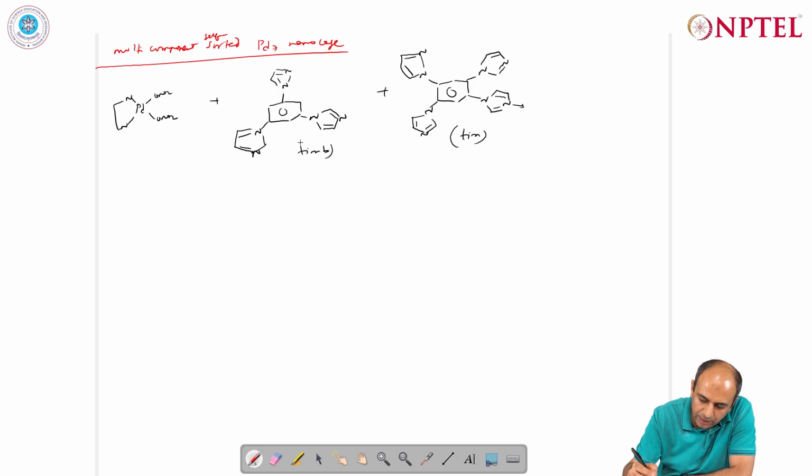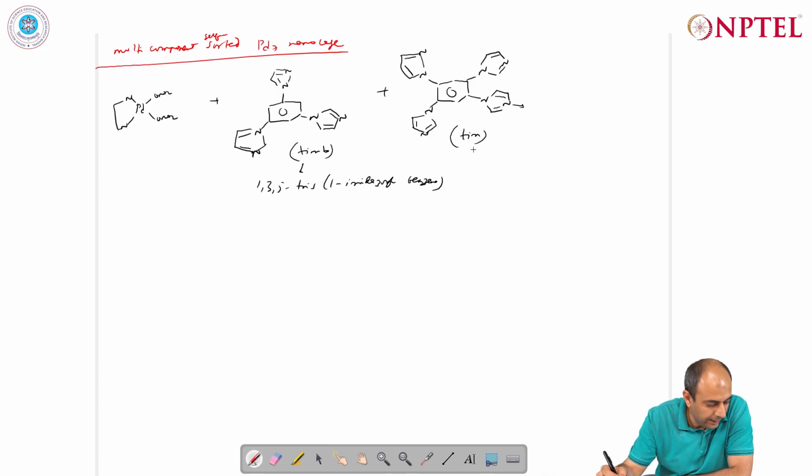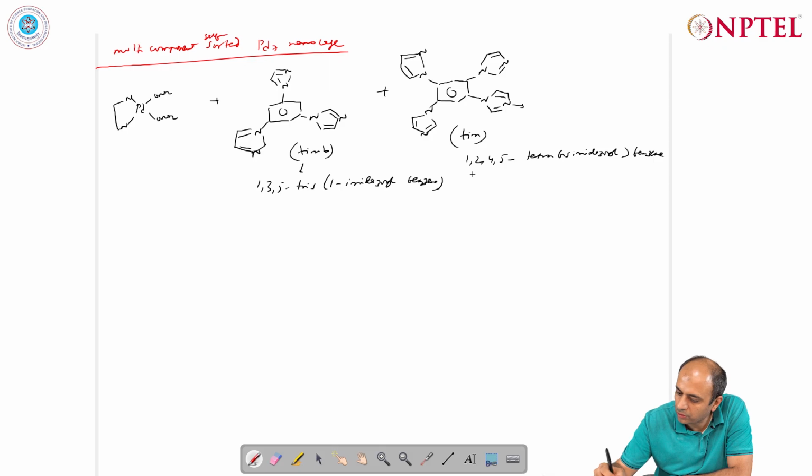We call this TIMB, which is actually the 1,3,5-tris(1-imidazolyl)benzene, and TIM is 1,2,4,5-tetrakis(imidazolyl)benzene. So, this is TIM.